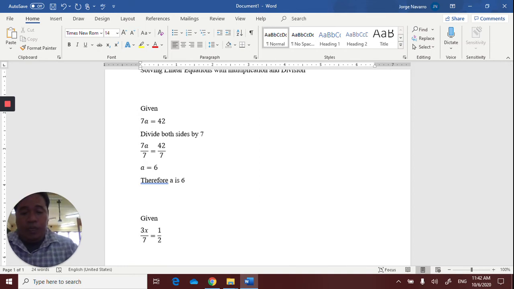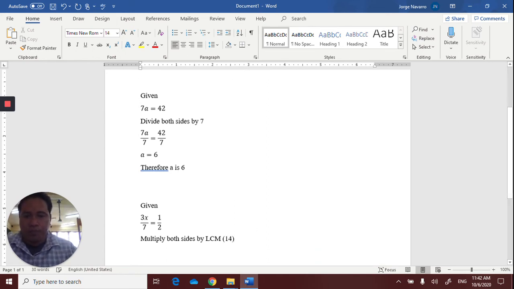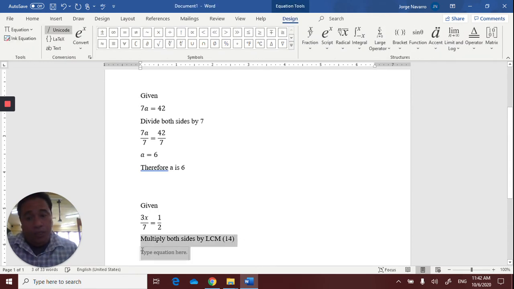To do so, I will multiply. The opposite of divide is to multiply. So I'll multiply both sides by the LCM. In this case, the LCM is 14. So alt equal, and I'll start with the multiplication.